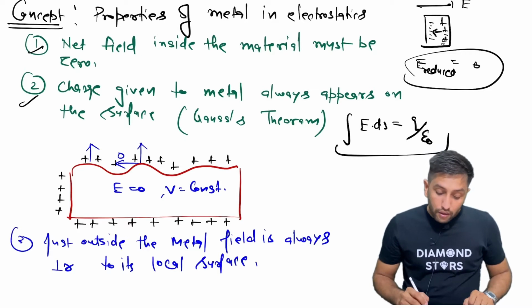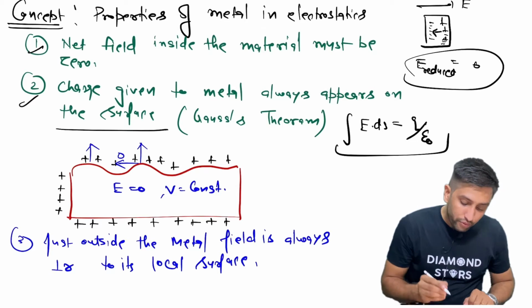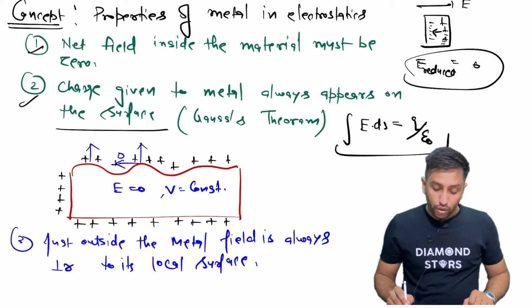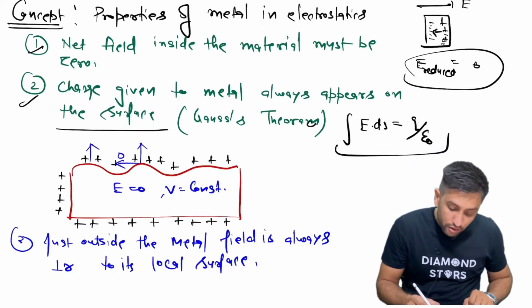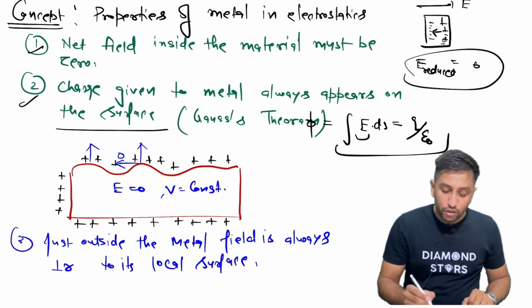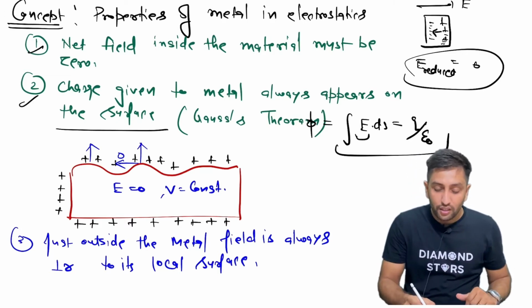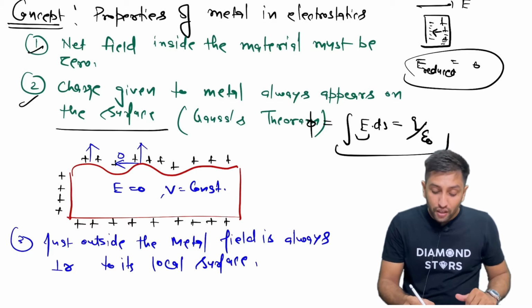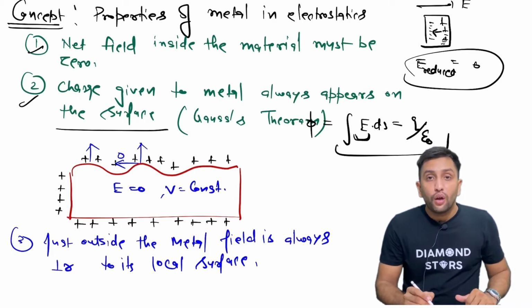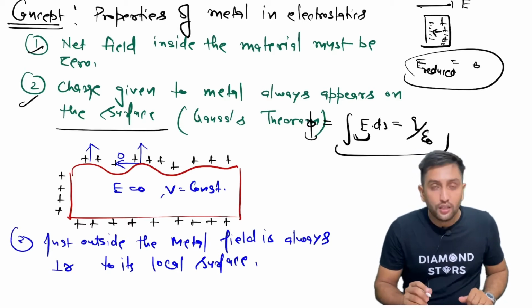You know that charge given to a metal always appears on the surface. Why is it so? Because the flux is 0 inside the metal, since the electric field is 0. You said in the first point that the electric field inside the metal is 0. When E is 0, phi will be 0.